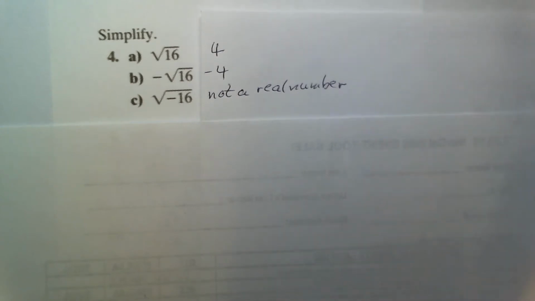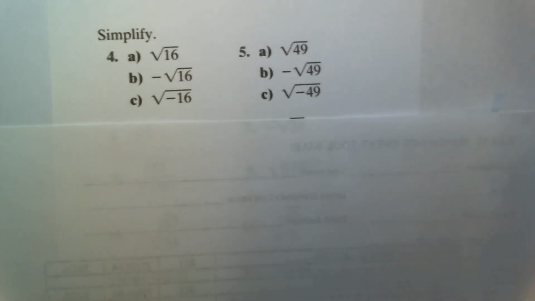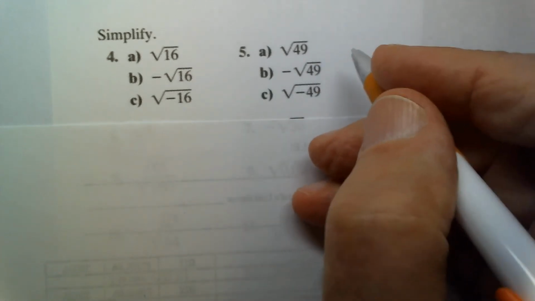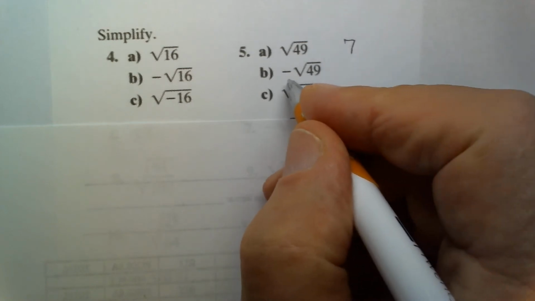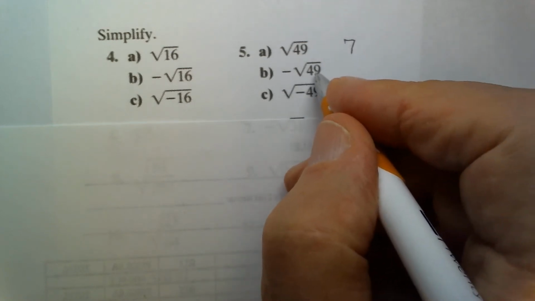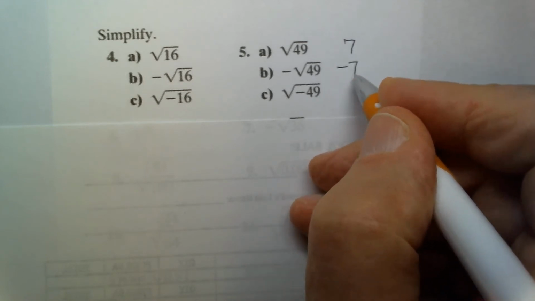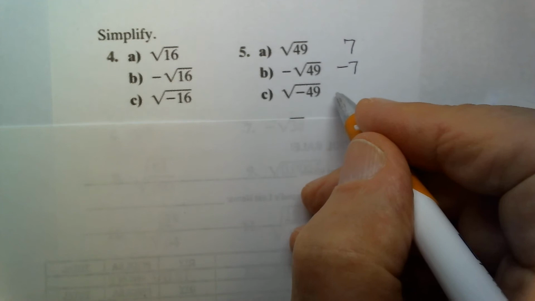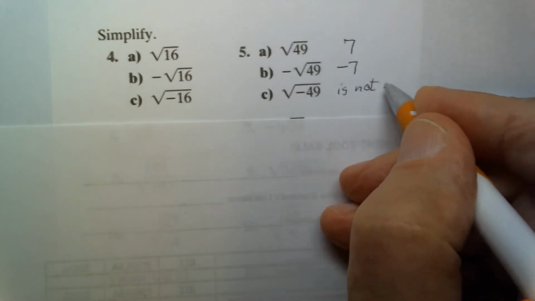Okay, now let's look at number 5. So the principal square root of 49 is 7. And the negative square root of 49 is minus 7. And the square root of minus 49 is not a real number.